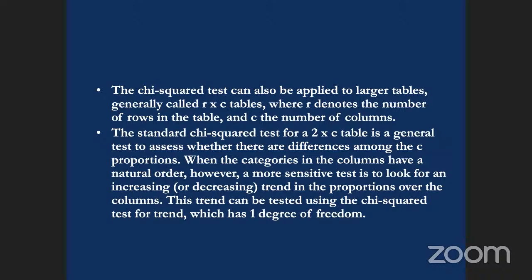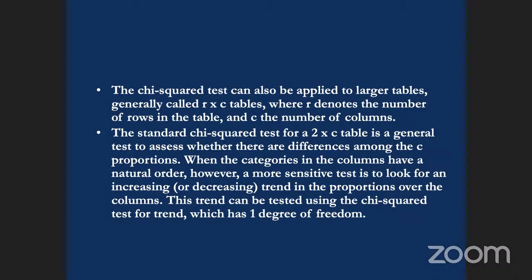The chi-square test can also be applied to larger tables, which are generally called R multiplied by C tables, where R denotes the number of rows in the table, while C indicates the number of columns. The standard chi-square test for tables is a general test to assess whether there are differences among the proportions.